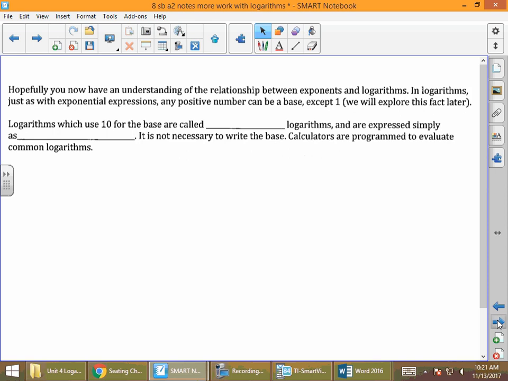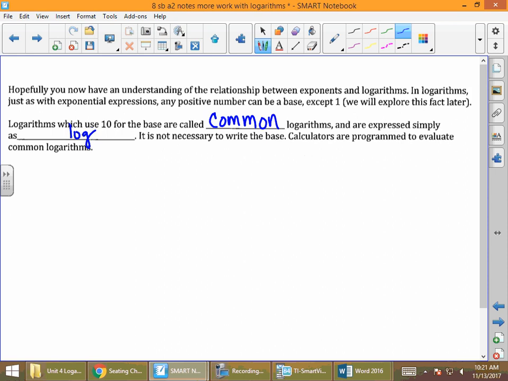First of all, a logarithm that has a 10 for a base is called a common logarithm, and it's expressed simply as log. It's not necessary to write the base, although if you prefer to, that's fine as well.